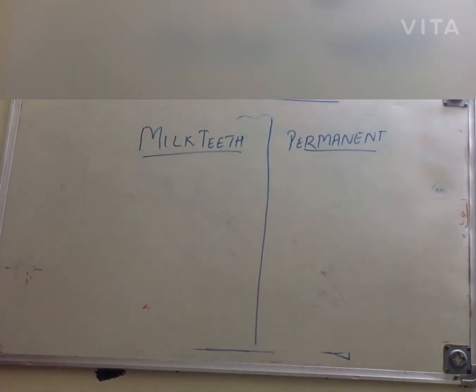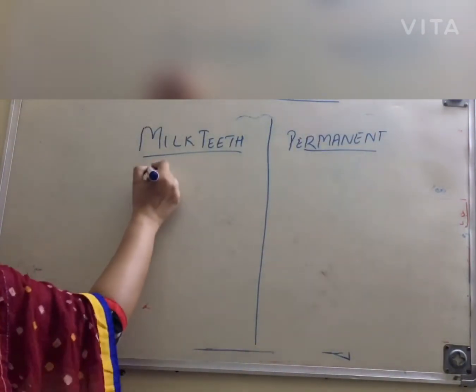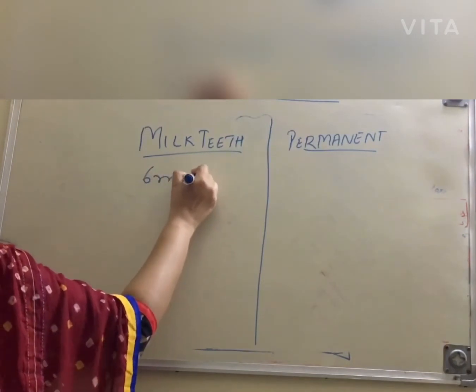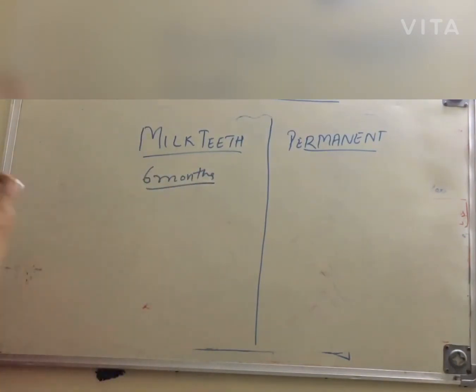Milk teeth are in the infants and they start appearing at the age of 6 months. How many milk teeth are there? There are 20 teeth. Normally we say that there are 32 teeth in human beings, but milk teeth are only 20.